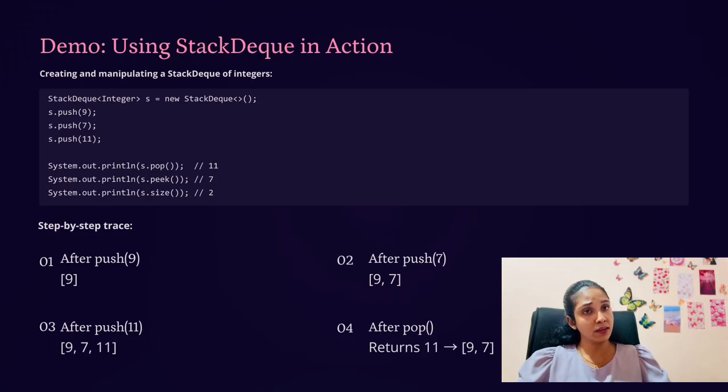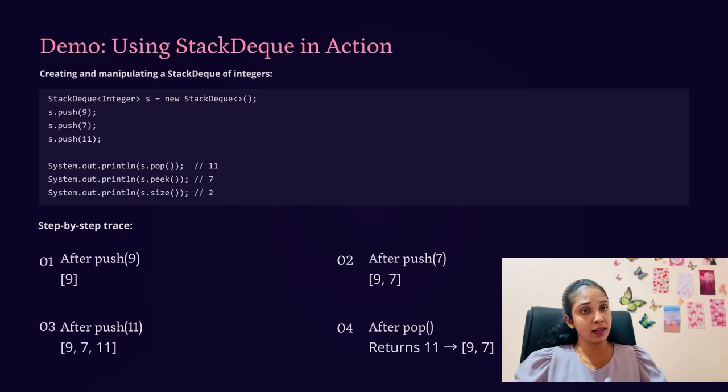Then peek shows 7, the new top element. Finally, size returns 2 because we still have two elements left, 9 and 7. So this demo clearly shows how a stack works. Last in, first out. That means the last pushed element is always the first to come out.